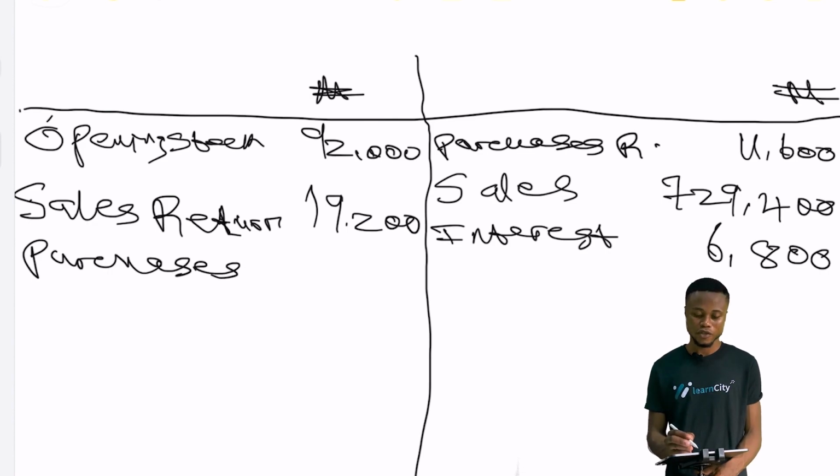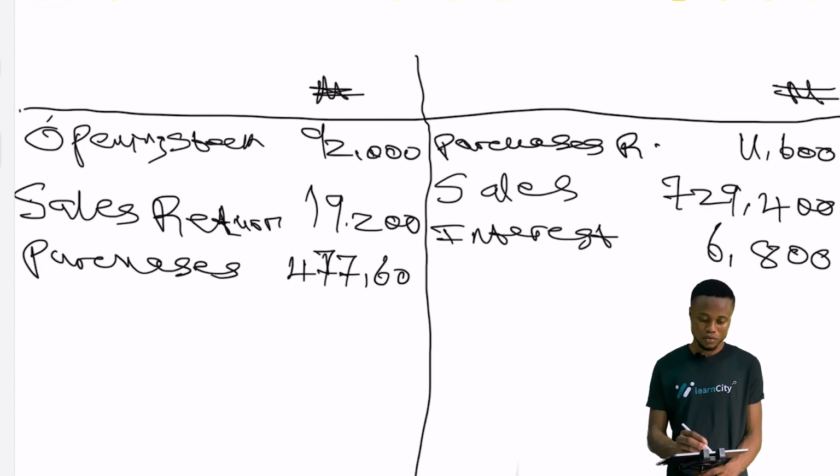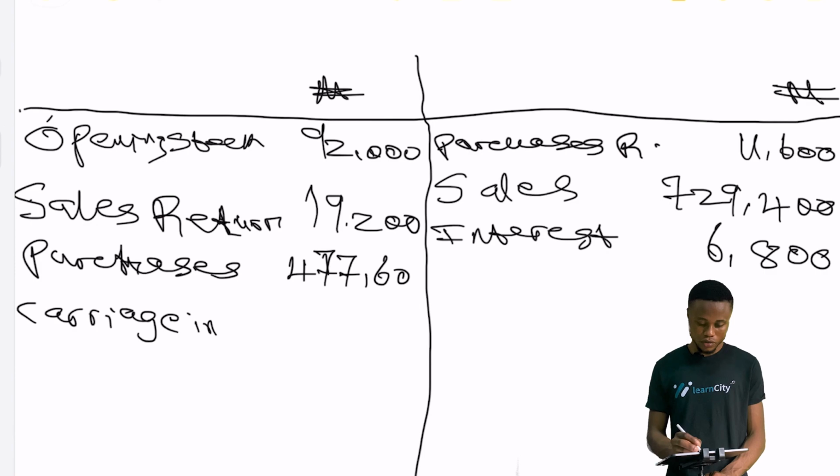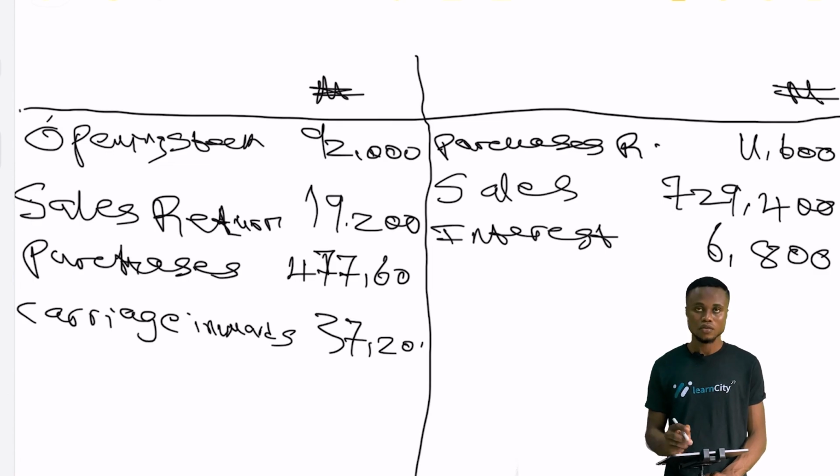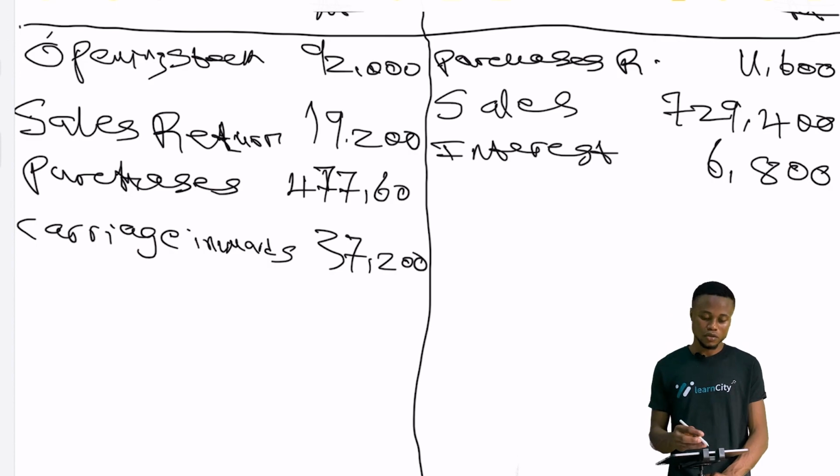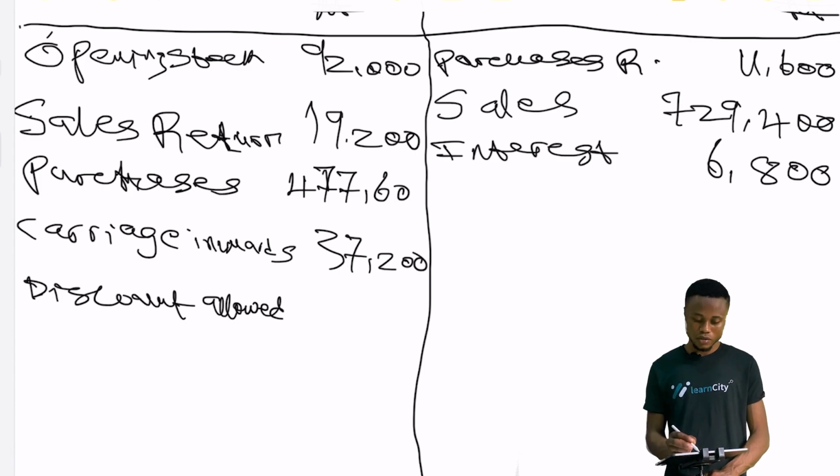Purchases 477,600. Next thing is carriage inwards, 37,200. Discount allowed, 3,600.